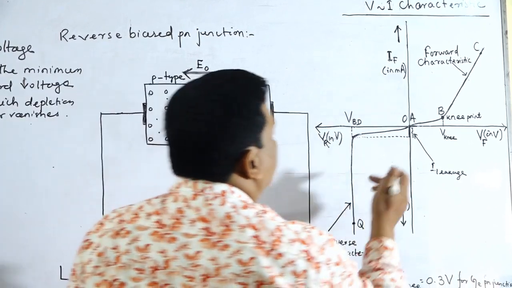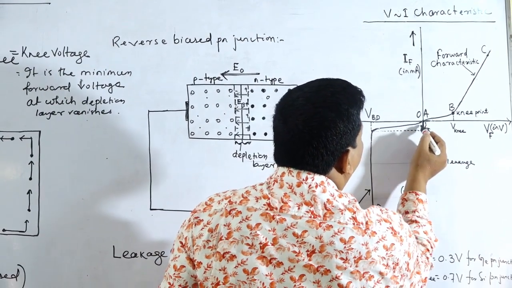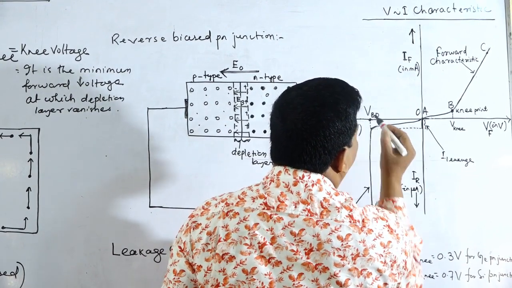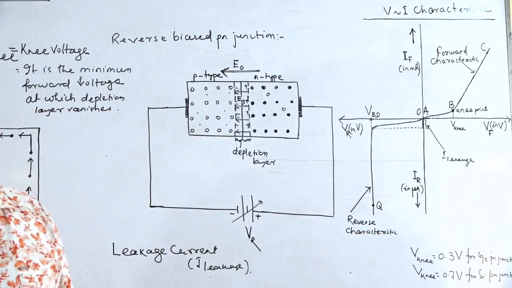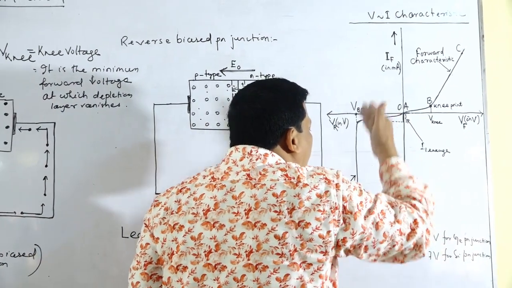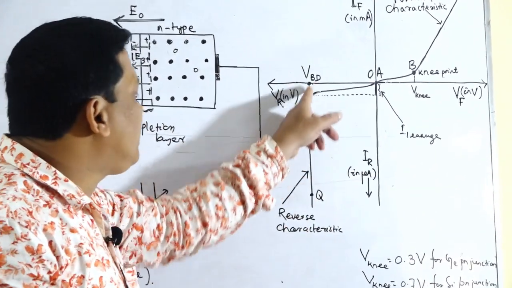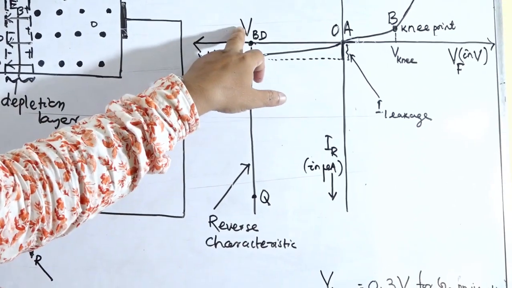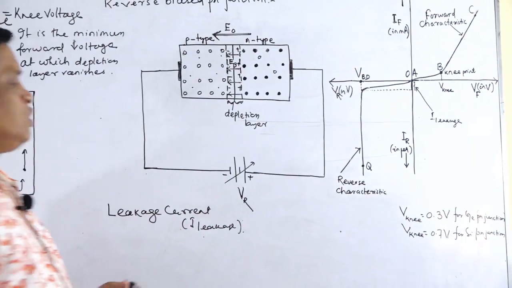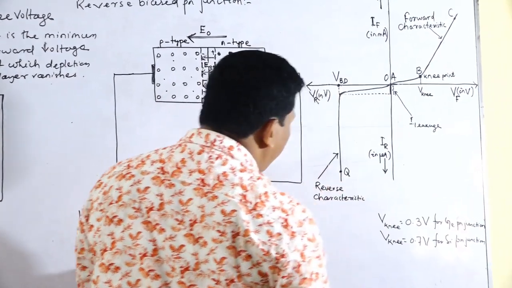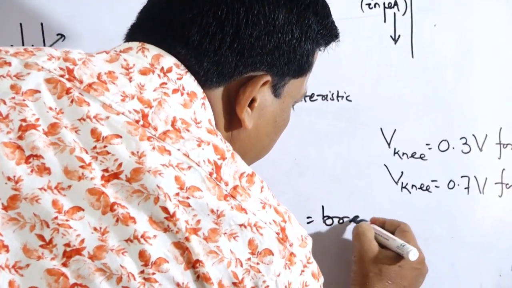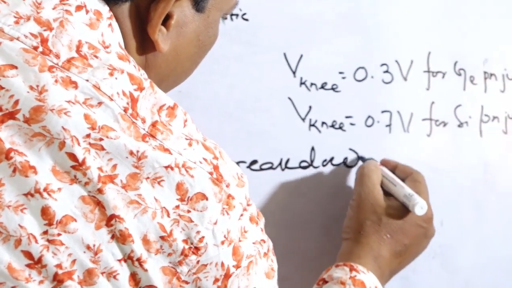But what happens when reverse voltage increases? At a particular reverse voltage, that is breakdown voltage, there is sharp increase in current. So this voltage is known as breakdown voltage, VBD.